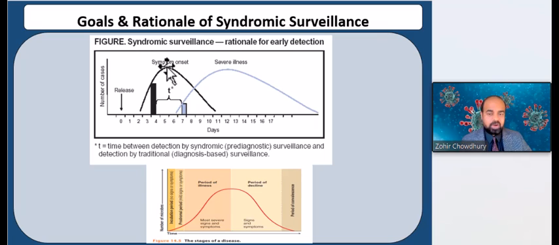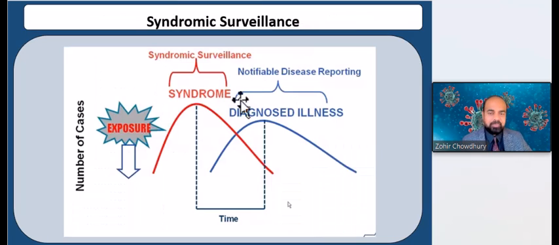This signal will happen T days earlier than the beginning of the severe illness general occurrences. So you gain this T time, which can be 2, 3, or even 4 extra days.